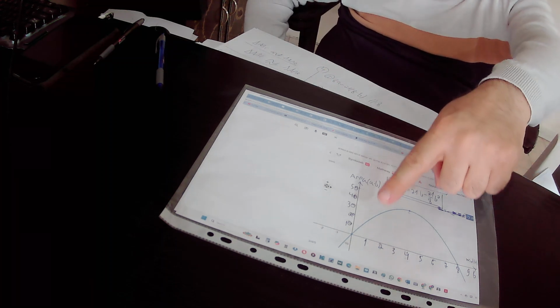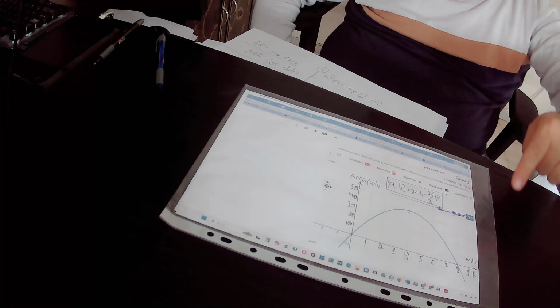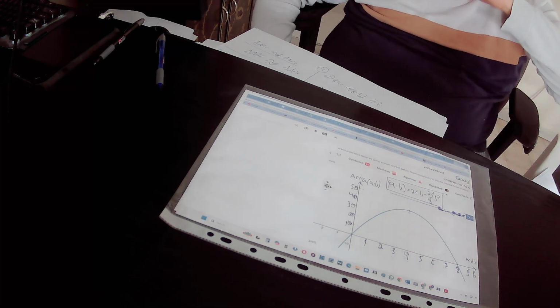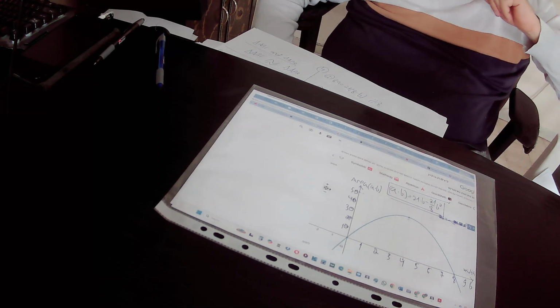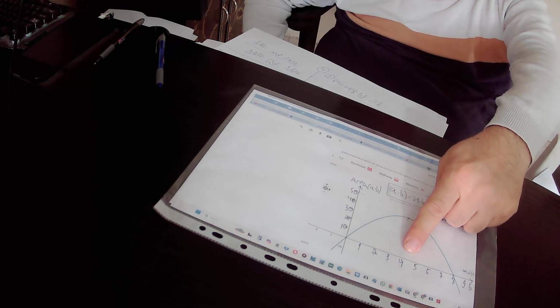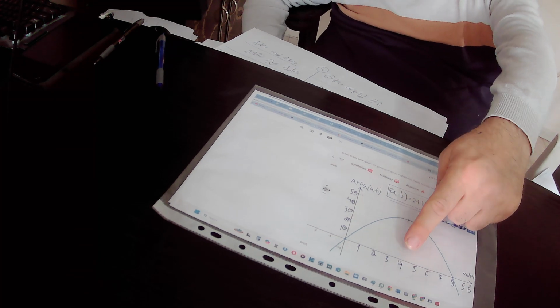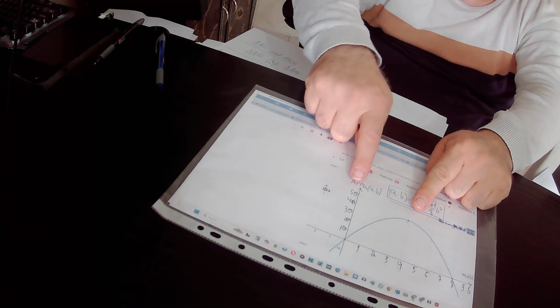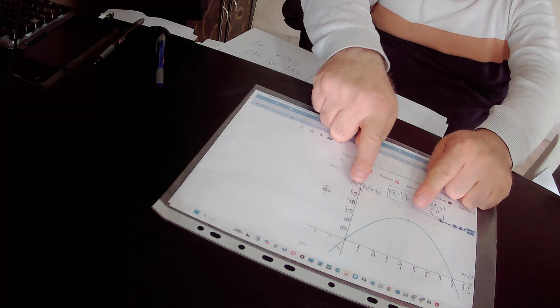On the y-axis we have the area, and on the x-axis we have the width b. From the graph it is very easy to see that when the width b equals 4, then the area gets its maximum value. This is a little bit greater than 40 square units.